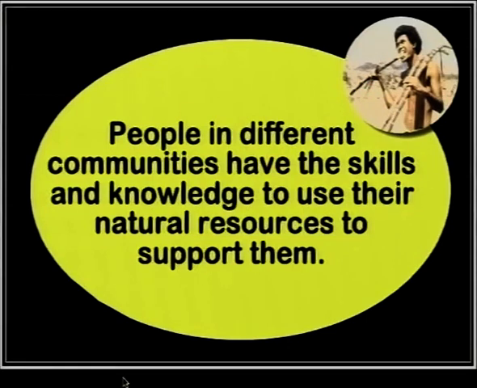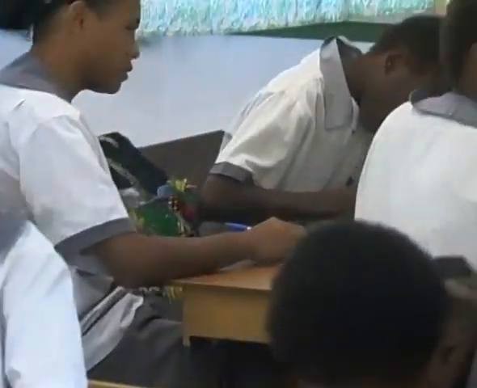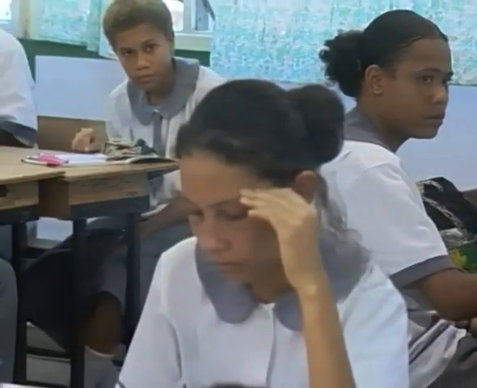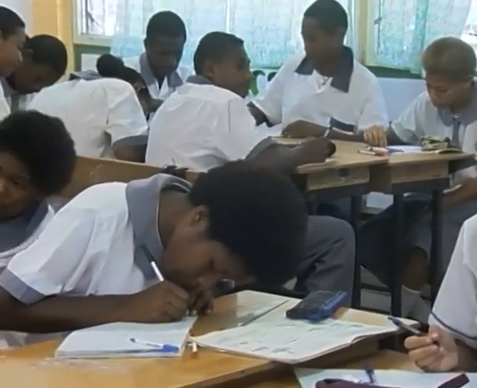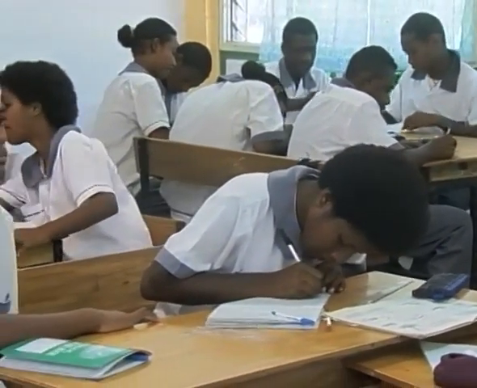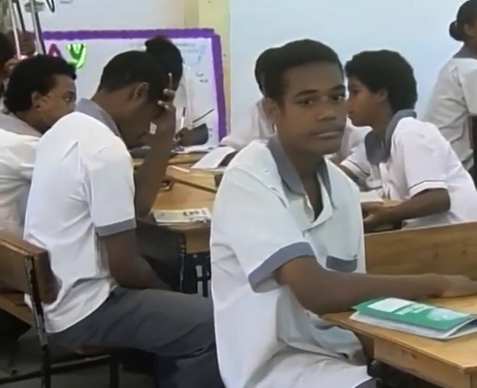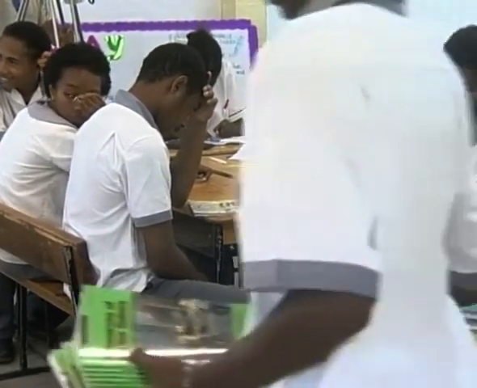Everyone look up here. If you have your using our resources textbook, receiving teachers, you can use those textbooks. Please can just give this out, two to a desk, two to a group.